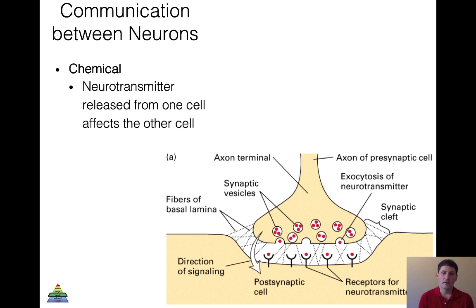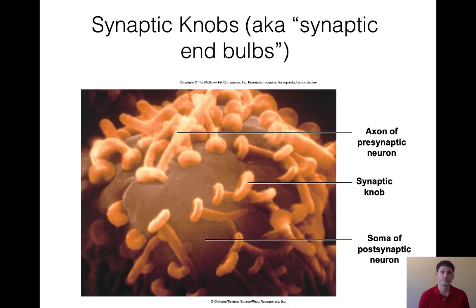So there can be a slight delay of a half to 4 milliseconds. As a couple of examples, electrical synapses are found in parts of the body that depend on defense reflexes, whereas chemical synapses occur at the neuromuscular junction between a neuron and a muscle fiber.